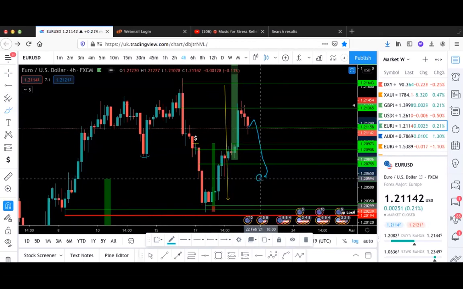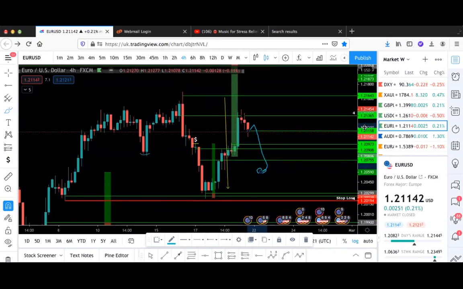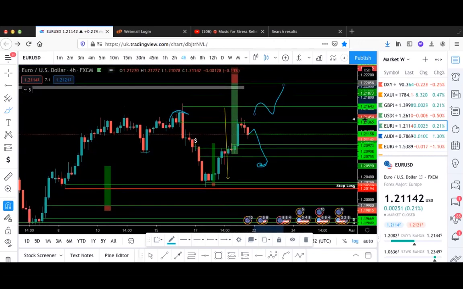Suppose if this high is taken, if the price runs higher and this high is taken, then price will run towards higher, towards this target. This is my first target. So we are able to spot the next directions and get prepared for our trade setups.